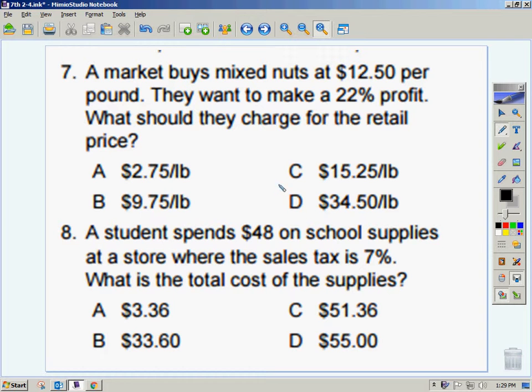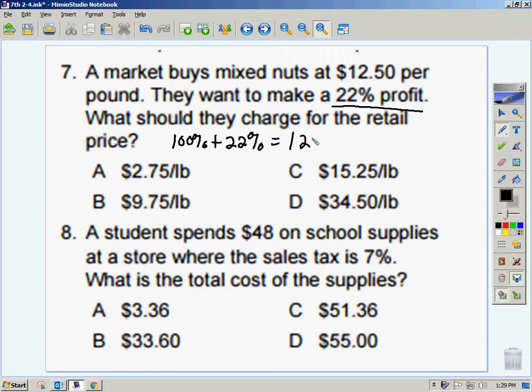Number 7, a market buys mixed nuts at $12.50 per pound and wants to make a 22% profit. If I want to make a profit, am I marking it up or marking it down? I'm marking it up. I normally would charge 100%, but to make a profit, I'm going to charge an additional 22%.